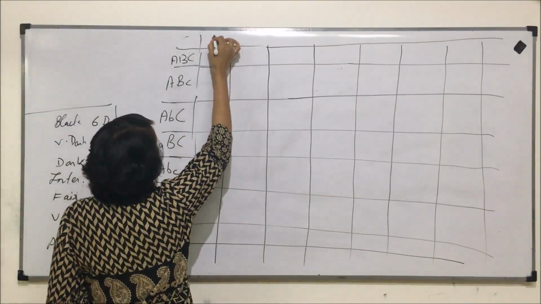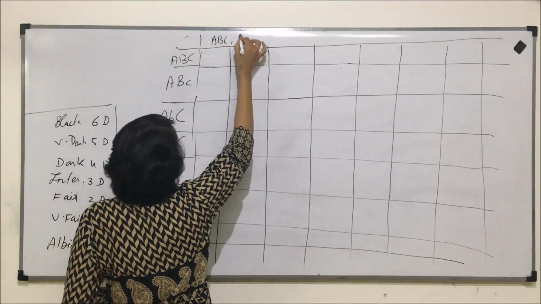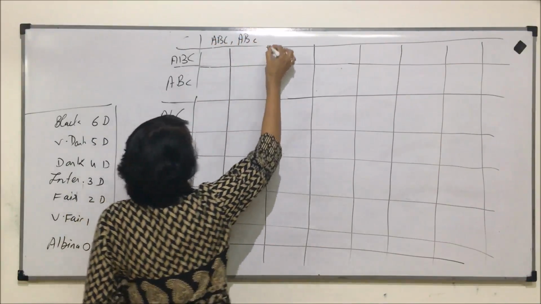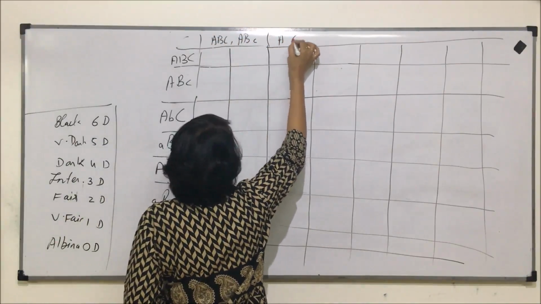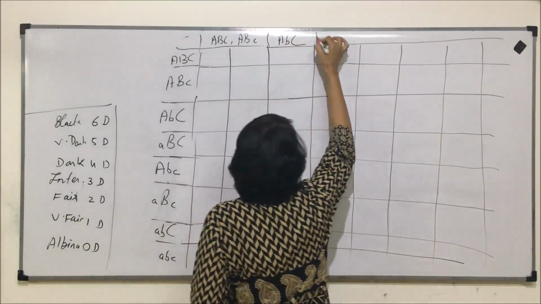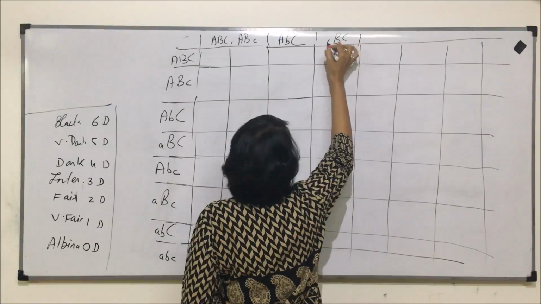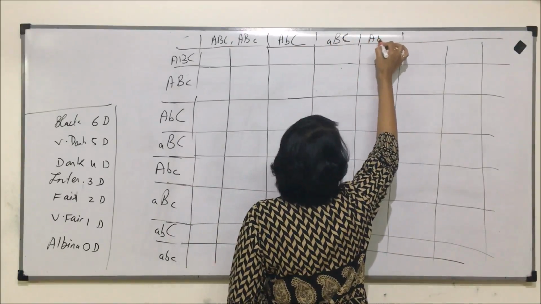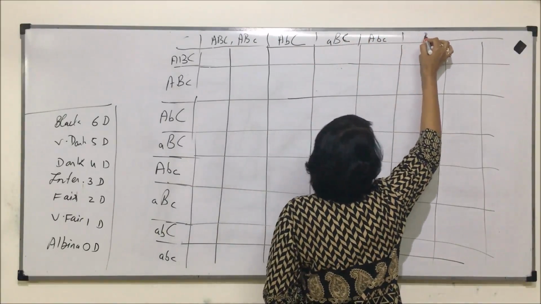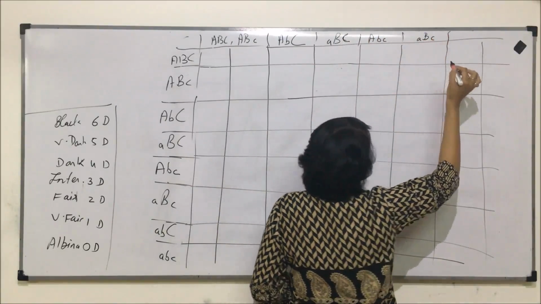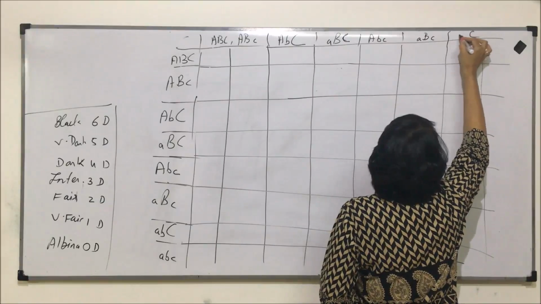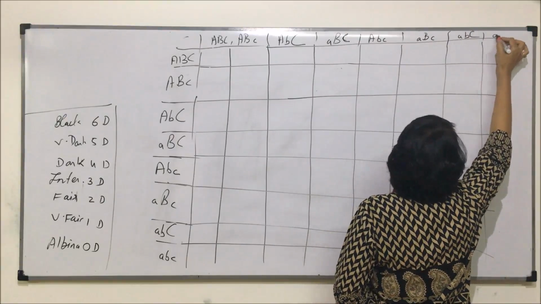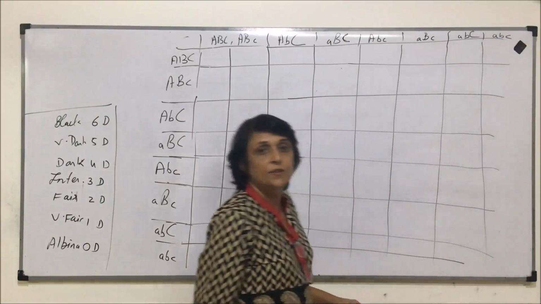Same thing here. A, B, C, A, B dominant, C recessive, A and C dominant, B recessive, B and C dominant, A recessive, A dominant, B, C recessive, B dominant, A and C recessive, C dominant, A and B recessive, and here we have A, B and C all recessive.